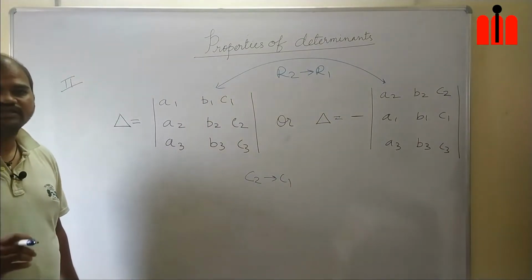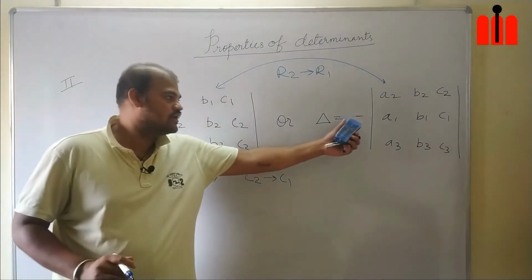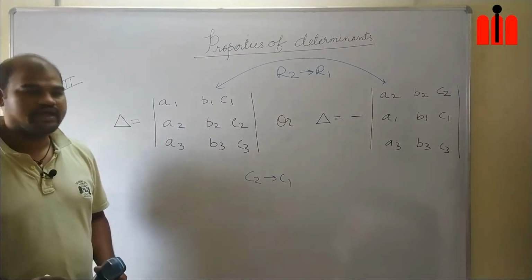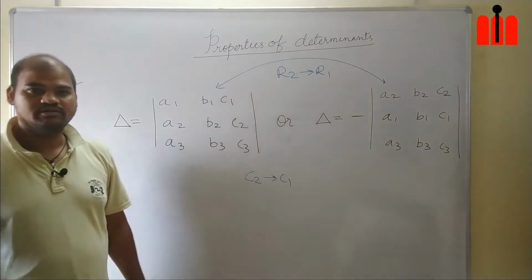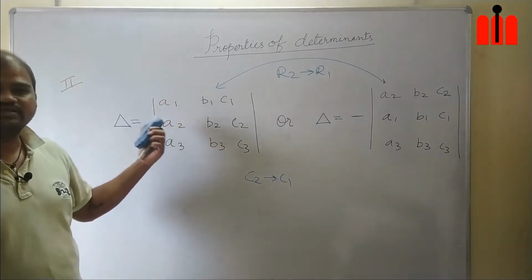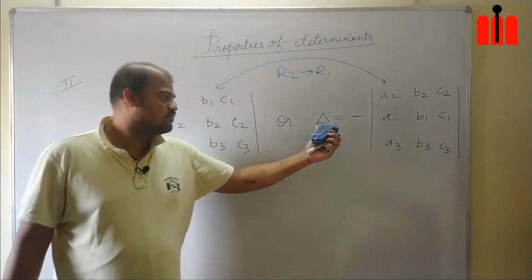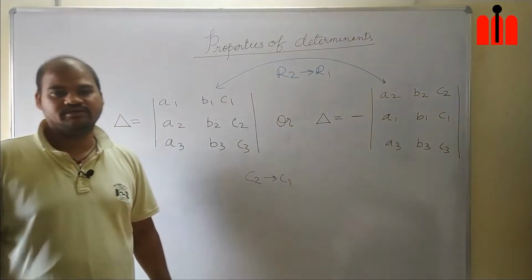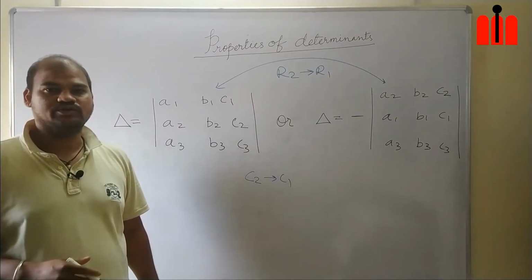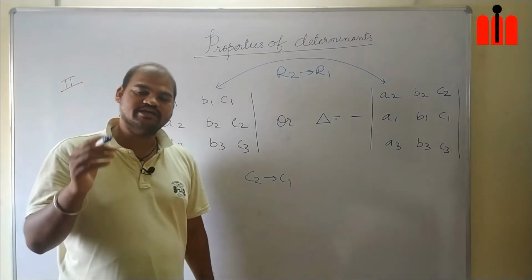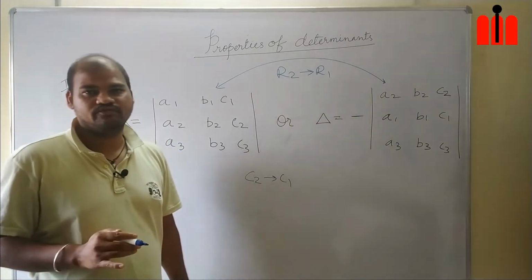Suppose I have changed R2 to R1. If my det was 100 at first, then my det will become minus 100. For examples, please go through the notes. I have explained one example over there that will be suitable for you.